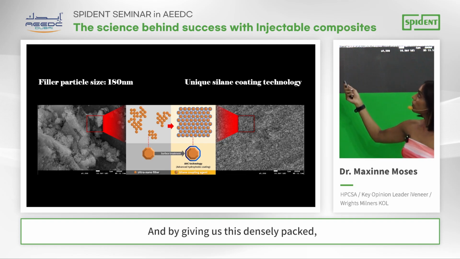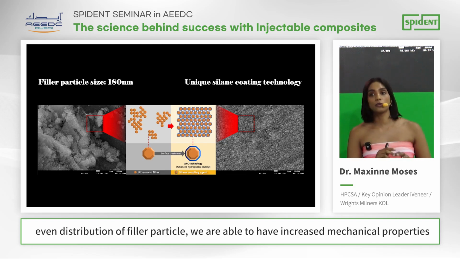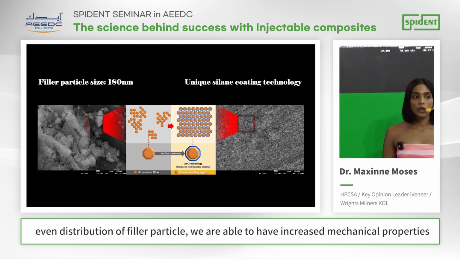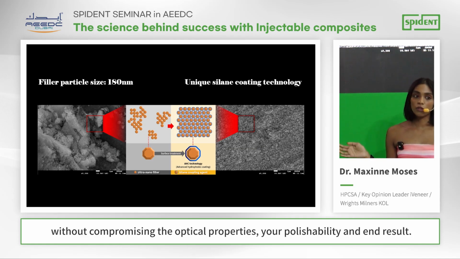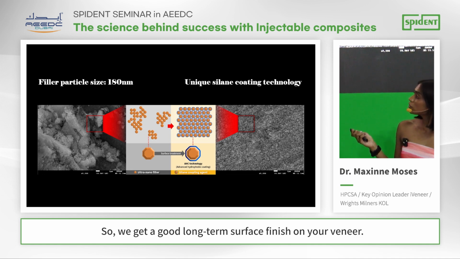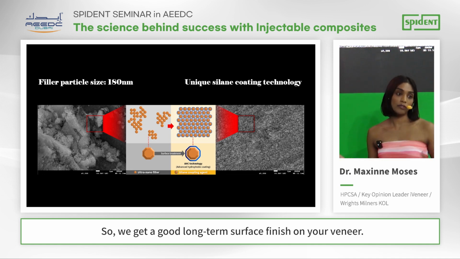By giving us this densely packed, even distribution of filler particles, we are able to have increased mechanical properties without compromising the optical properties, your polishability and end result. So we get a good long-term surface finish on your veneer.